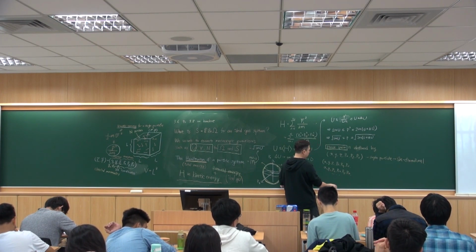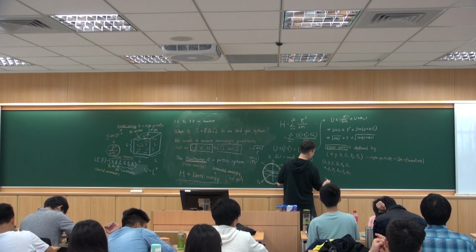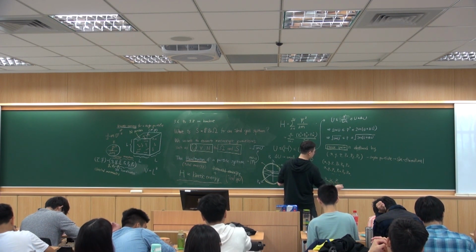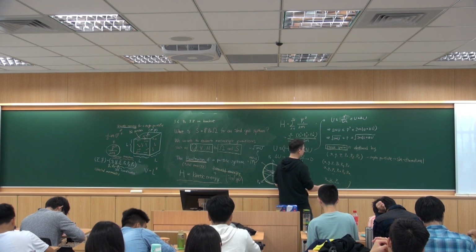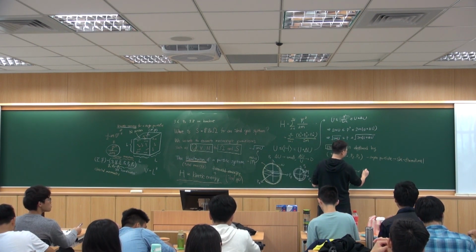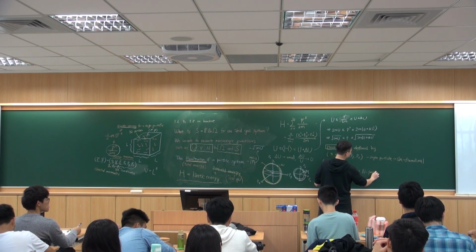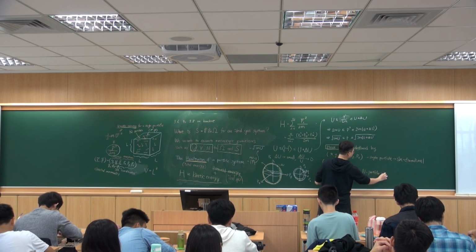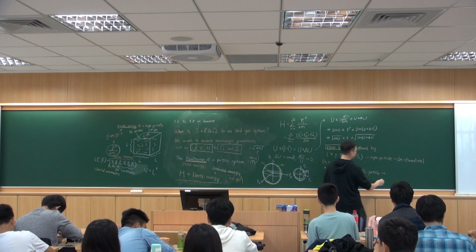And we have n of them. So the last one will be xn, yn, zn. This is for n particles. Therefore, the dimension will be 6n.